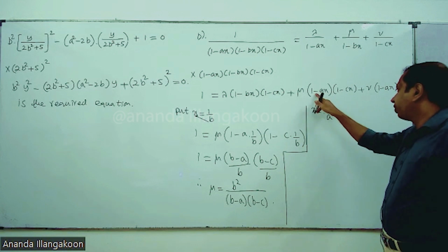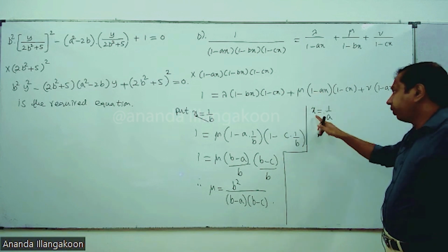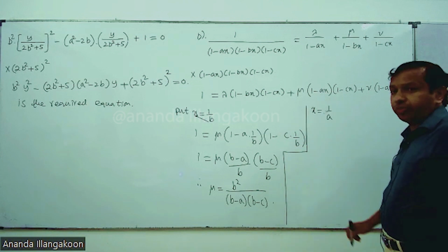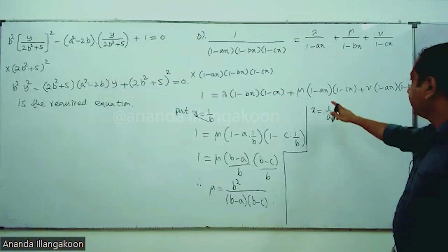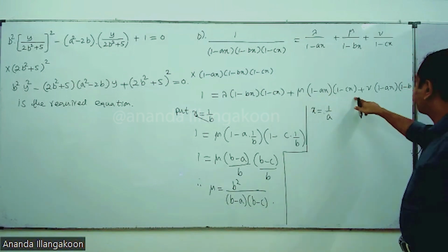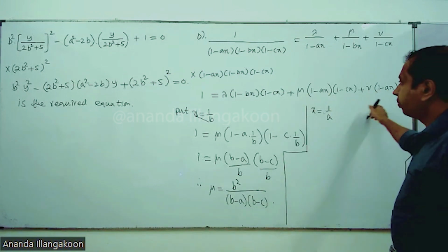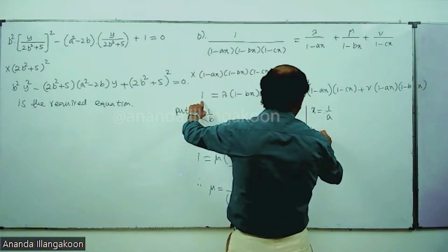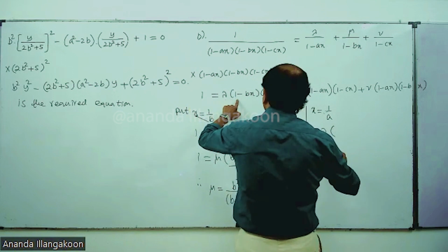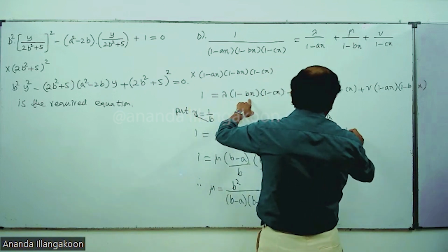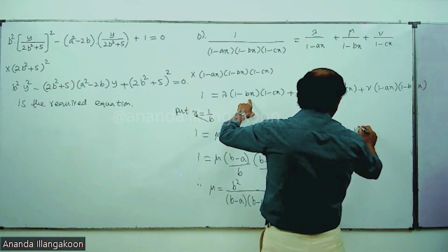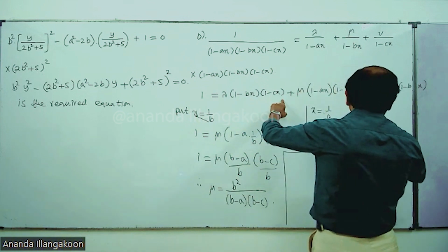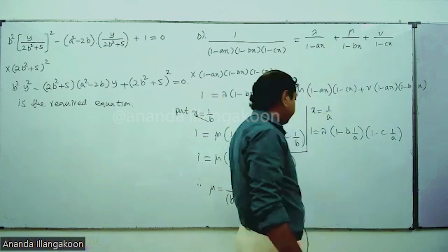Then 1 minus 1, this bracket is 0, so this 1 minus ax bracket becomes 0. This bracket 0, entire product 0. Here, this we have to substitute there: lambda times 1 minus b times 1 upon a, 1 minus c times 1 upon a.